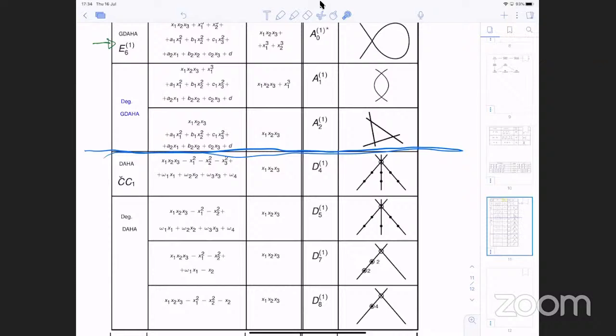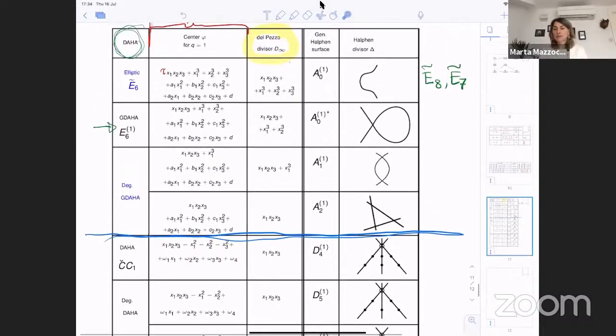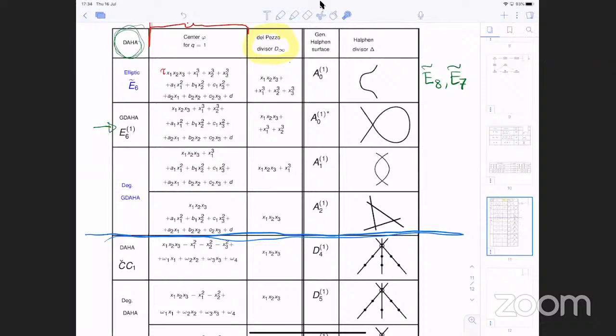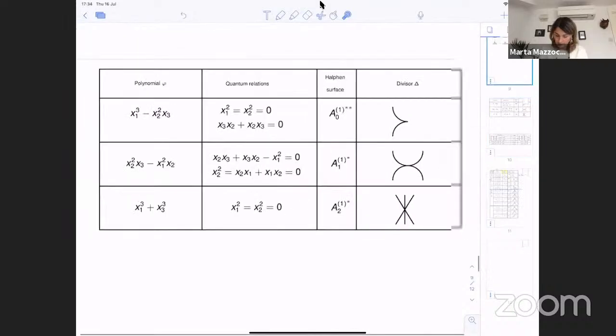Right. And above the line that corresponds to difference Painlevé, is that right? Yes, those are multiplicative discrete Painlevé equations. Multiplicative discrete. Okay. So in the case of the additive discrete, the problem is that they don't lead to Calabi-Yau algebras in our construction.